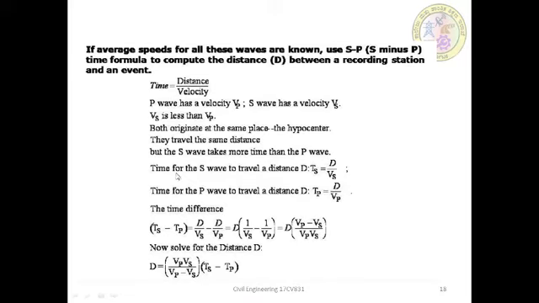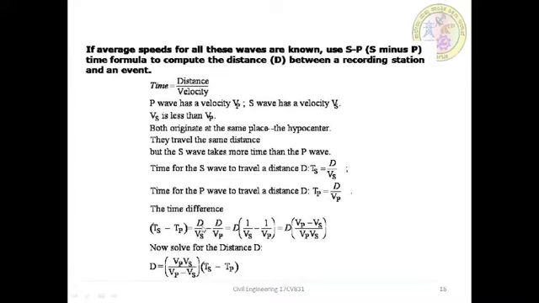The time taken for S is Ts equal to d by Vs, and similarly Tp is equal to d divided by Vp, where d is the distance and Vs and Vp are the velocities. So now we have the travel distance and the time difference.